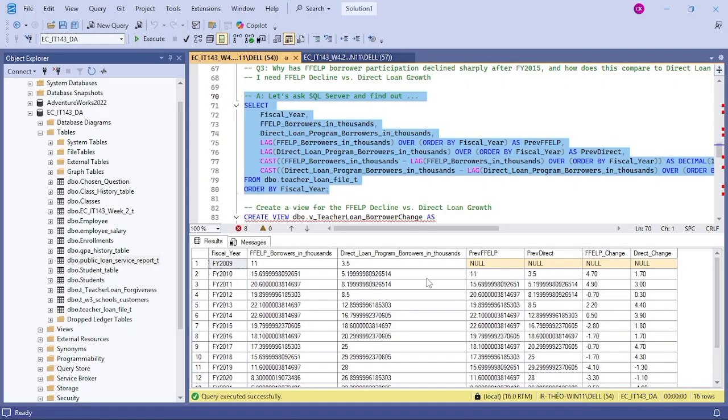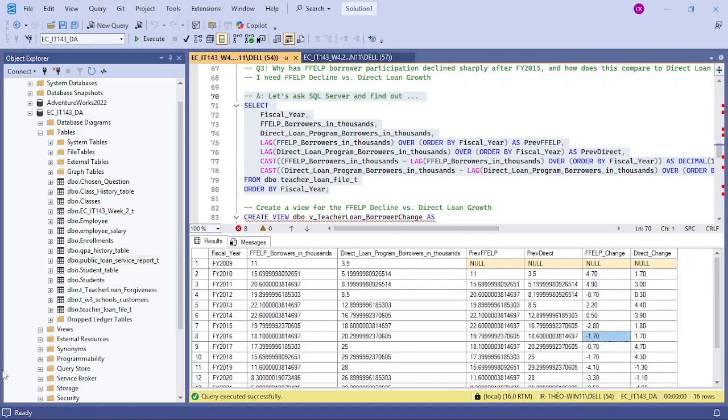Here we have the results. The total borrowers per year for both programs, and here we see previous records to compare with the actual records, and here we have changes. We have the difference over here.